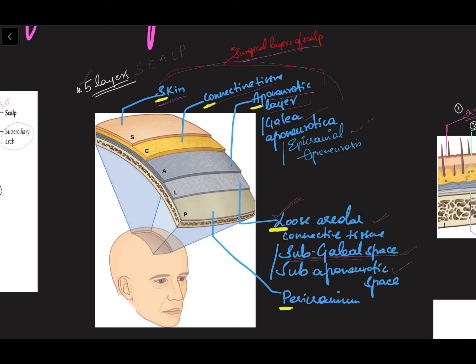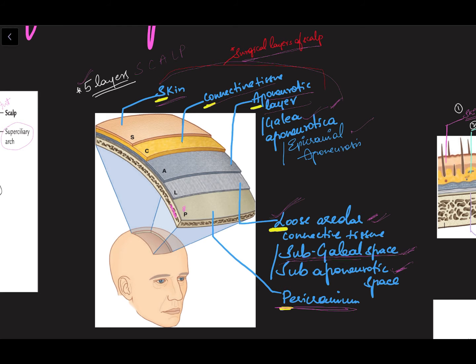We have seen the third layer is the galea aponeurotica, right? The loose areolar tissue is below that aponeurosis, so it is the subaponeurotic space and subgaleal space. That's clear. Now the fifth and last layer is the pericranium, which is over the skull table. You can clearly see over here, this is the skull bone, and above that is the pericranium.